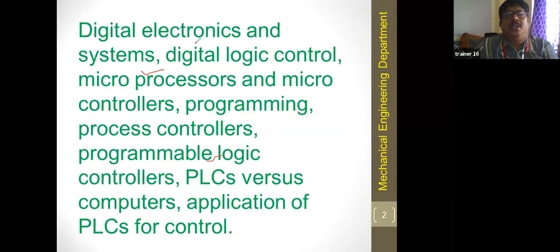So in digital electronics and systems, digital electronics means what we discussed in unit 2, that is transistor circuitry and digital logic control.